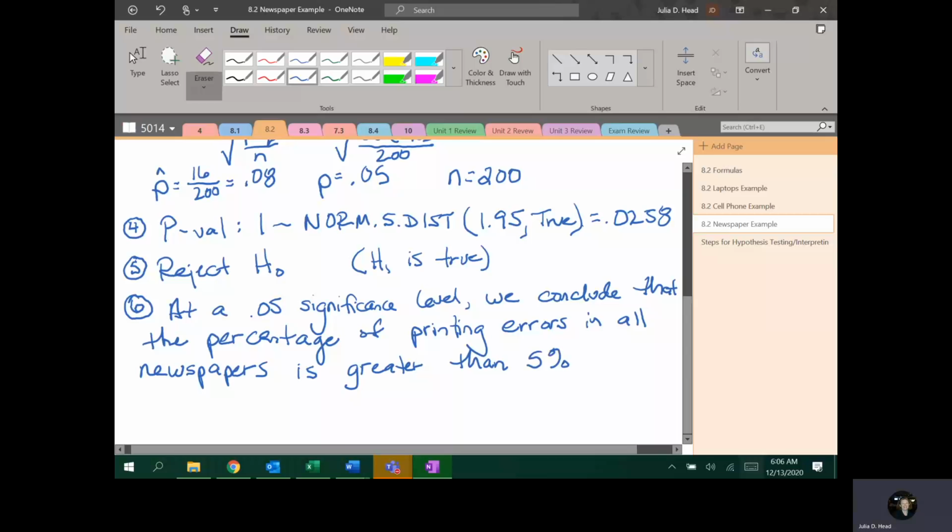Now, I mentioned a moment ago that your words had to match your numbers. I use the word percentage, so I am forced to use the number 5%. If I chose the word proportion, I would need to choose the number 0.05. You can't mix up and go back and forth. So they do need to match.